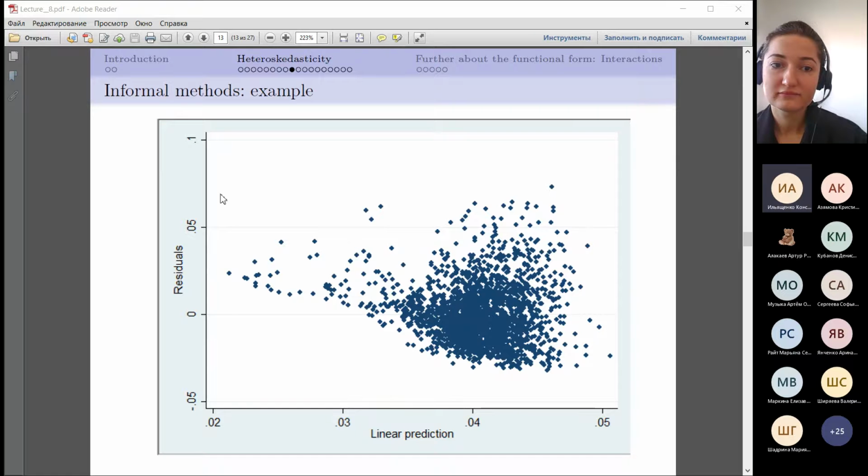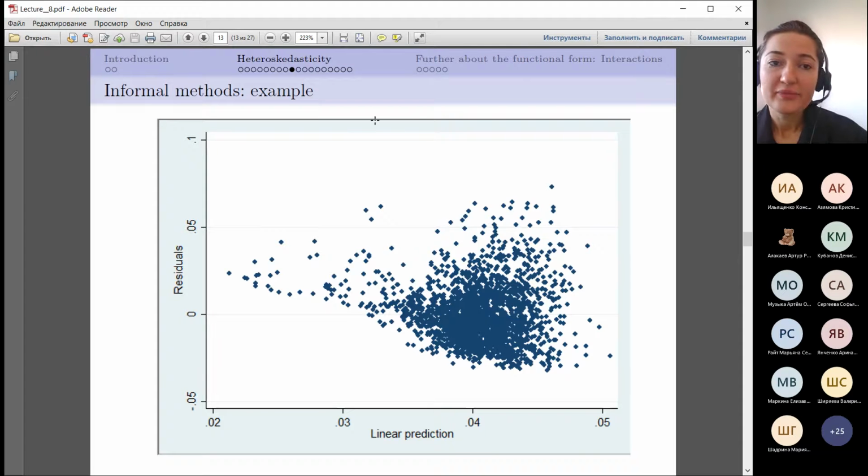Well, we have heteroscedasticity because the variances of our residuals are not equal to each other. Yes, Konstantin, you're right. In this case, you can see some pattern. You can see that the residuals become higher at the higher values of your predictions of the dependent variable. So this is one example of how heteroscedasticity can look.